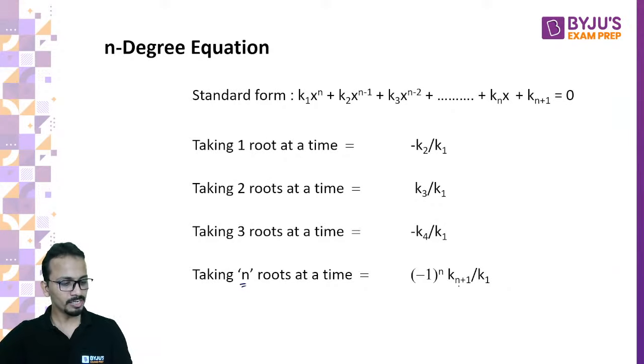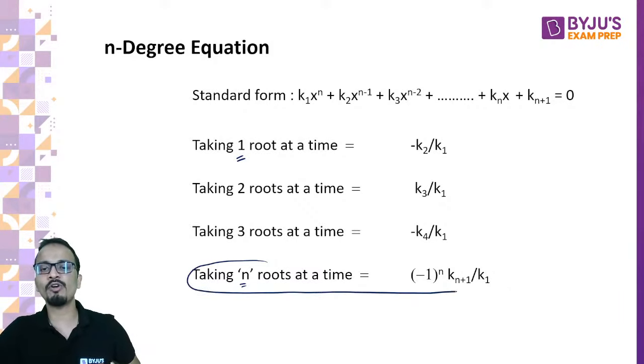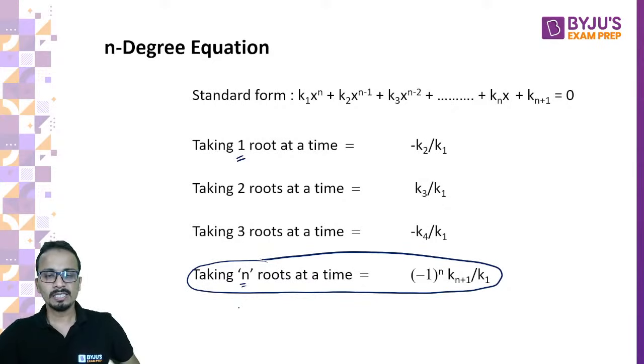Vanya, here there will always be alternate negative and positive signs. So if you use this formula in general, taking, let's say, 5 roots at a time, the value of n will be 5.